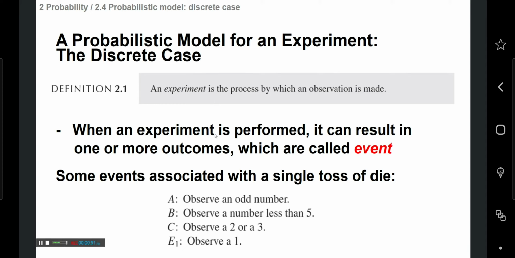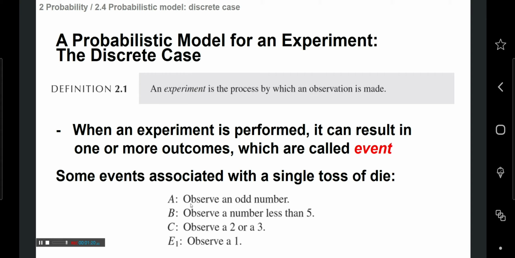When an experiment is performed, it can result in one or more outcomes, which are called events. Some events are associated with a single toss of a die. Here, a single toss of a die is the experiment, and the events are the results of the outcomes from the experiment.